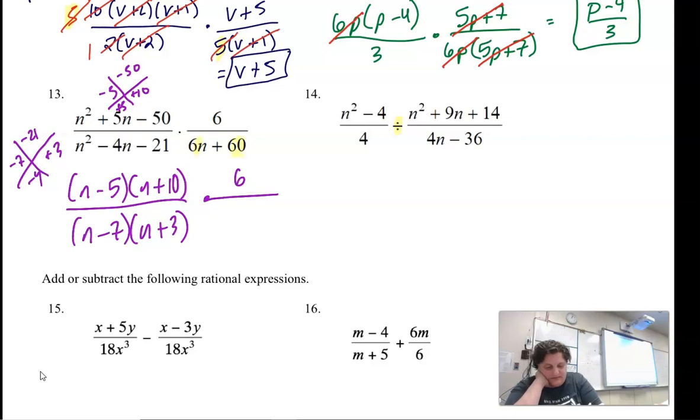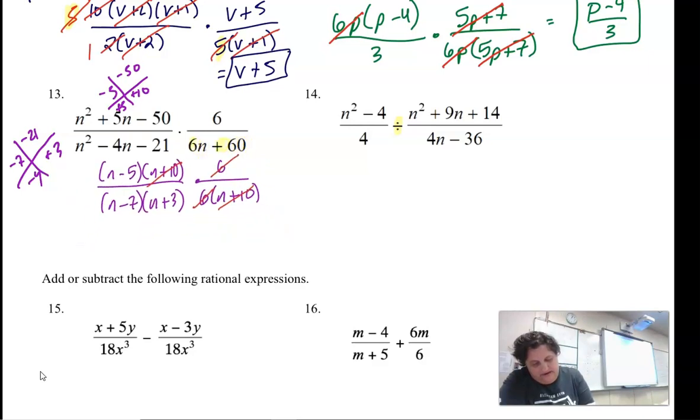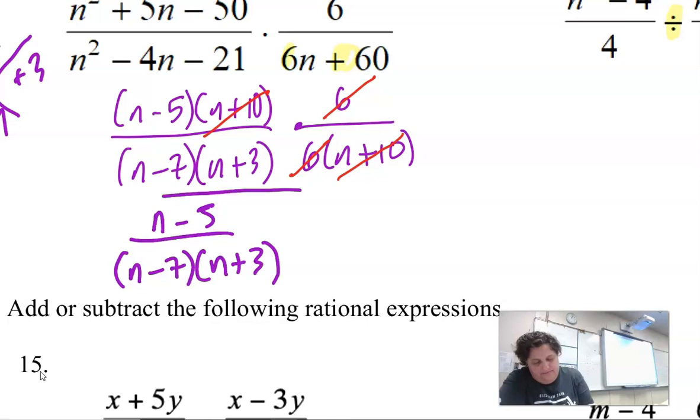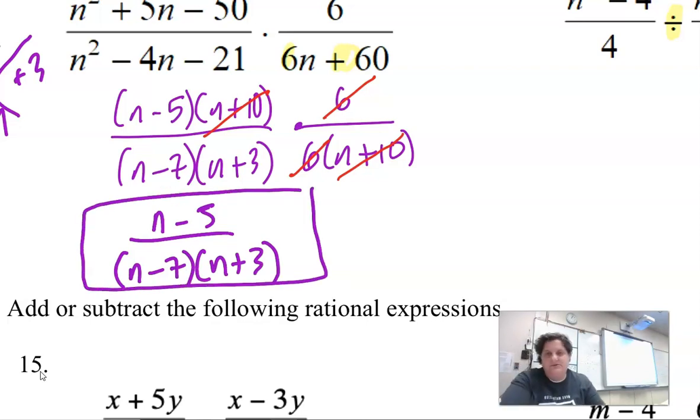And then this is just going to be a GCF. 6 and 60 divided by 6. Whoops. 6 and n plus 10. Okay, cool. 6 and 6 and n plus 10 and n plus 10. All right, and so everything left over is my answer. Give myself a little bit of room to write this. Okay, so it's going to be n minus 5 over n minus 7 times n plus 3. All right, the rest of those are gone.